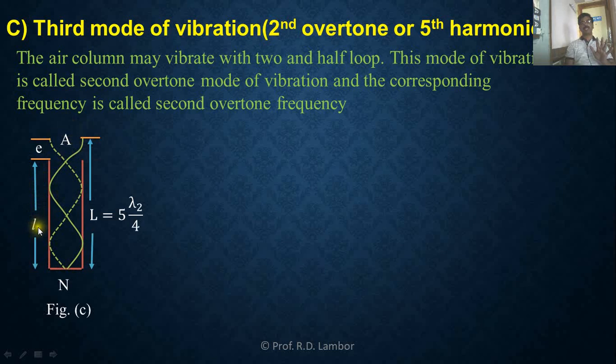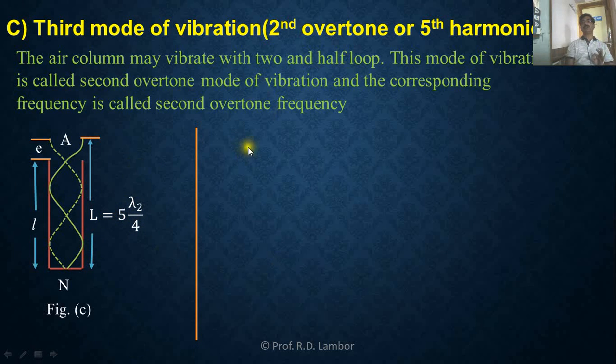In this diagram, small l, length of air column in the pipe, small e, once again the end correction at the open end, and here capital L is the corrected length of air column, and that corrected length of air column मध्ये 5 half loops form झालेले आहेत. त्यामुळे capital L equal to आपण लिहिले 5 into lambda 2 by 4.